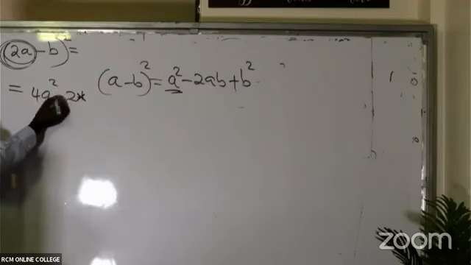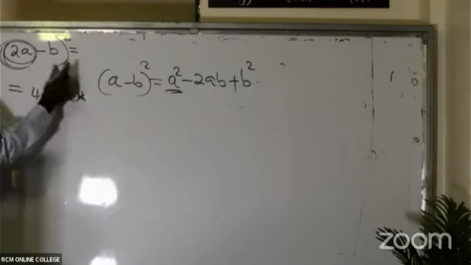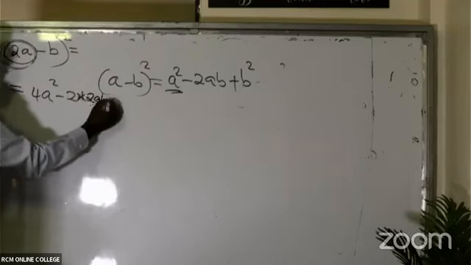When I put this negative, I've taken care of this negative. So it gives me 2ab here. Plus what here, somebody? This number squared. B squared. I'm following this.